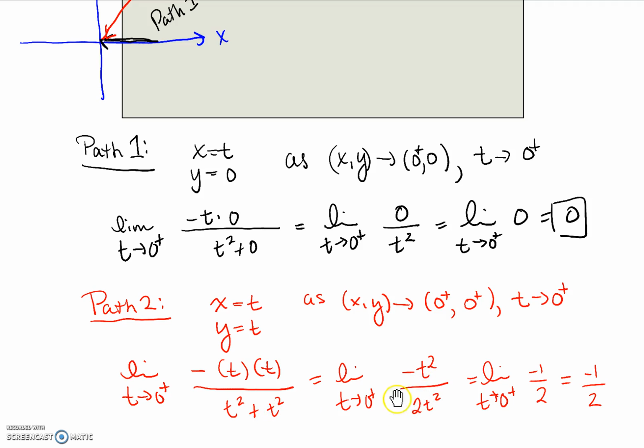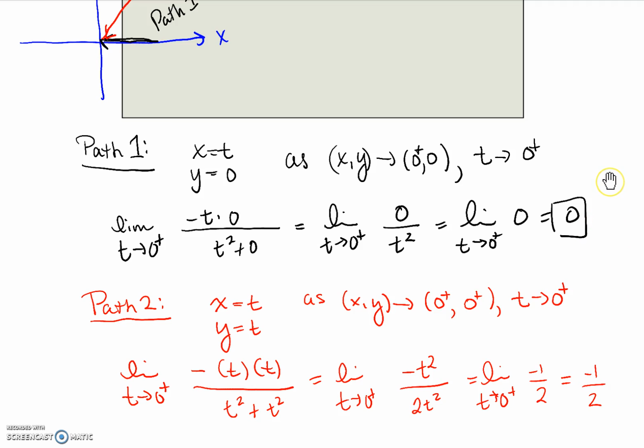Doing a little bit of simplification, keeping my limit notation, I'll have negative t squared over 2t squared, and then the limit as t approaches 0 from above. If I simplify that, the t squareds become 1. So I get negative 1/2. So as I let t go to 0 from above, of negative 1/2, I end up with negative 1/2.